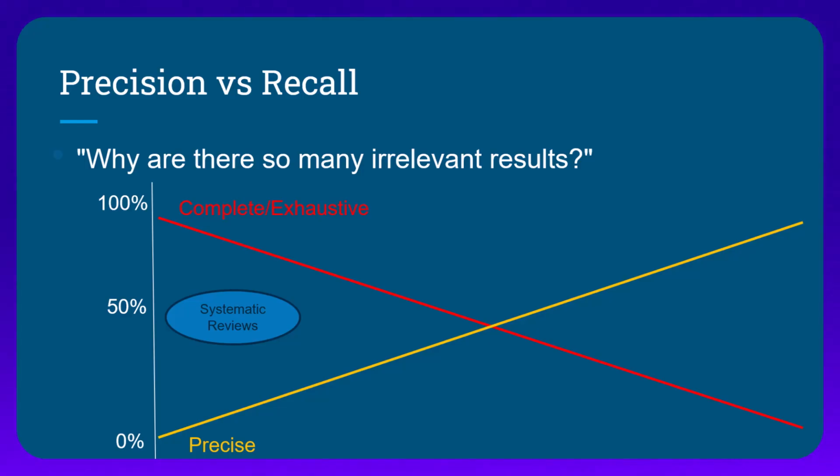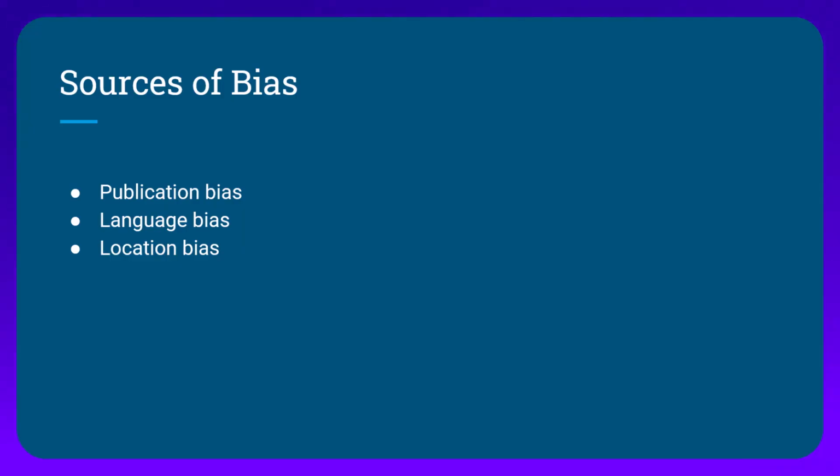And given our goal of having a thorough search, it will necessarily be an imprecise search, meaning you will reject a lot of articles. In past sessions, I've referenced the idea of bias within systematic reviews, and this is a place where bias can creep in. For instance, you may decide to only accept articles written in English because you don't have resources to get articles translated.